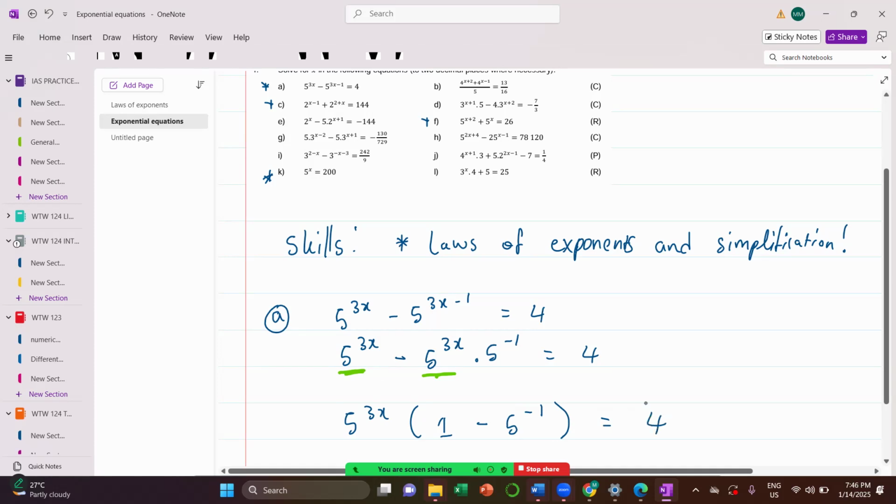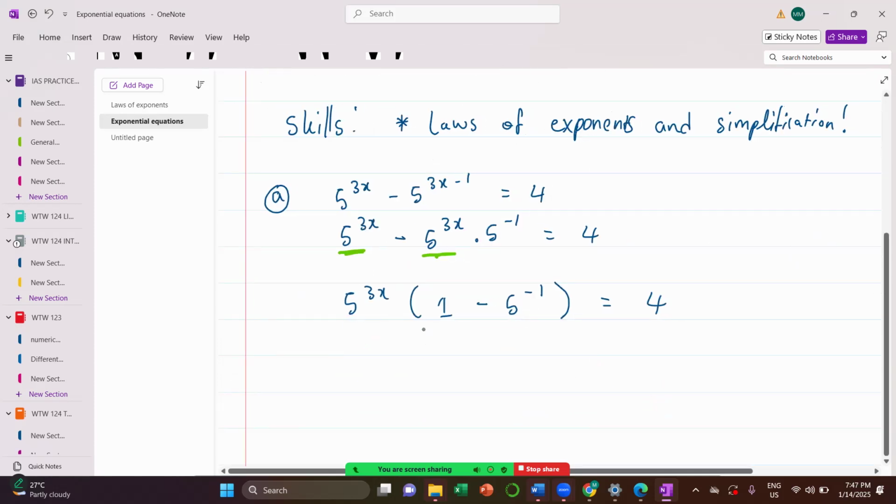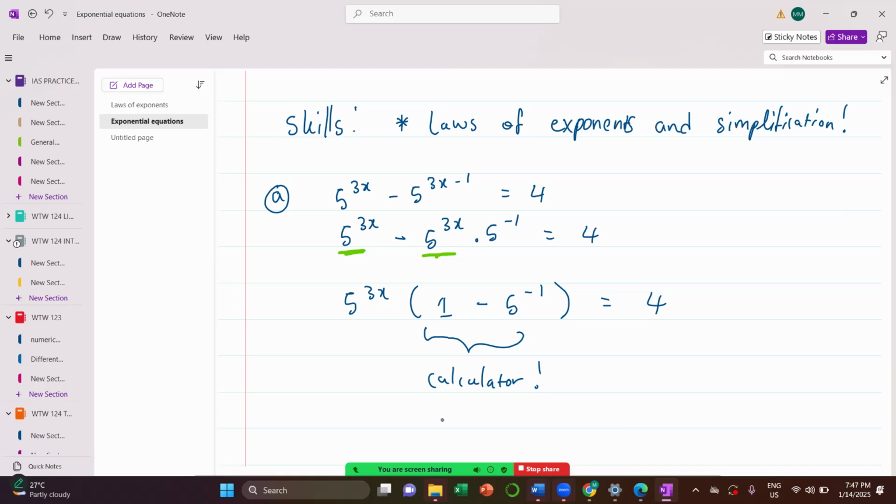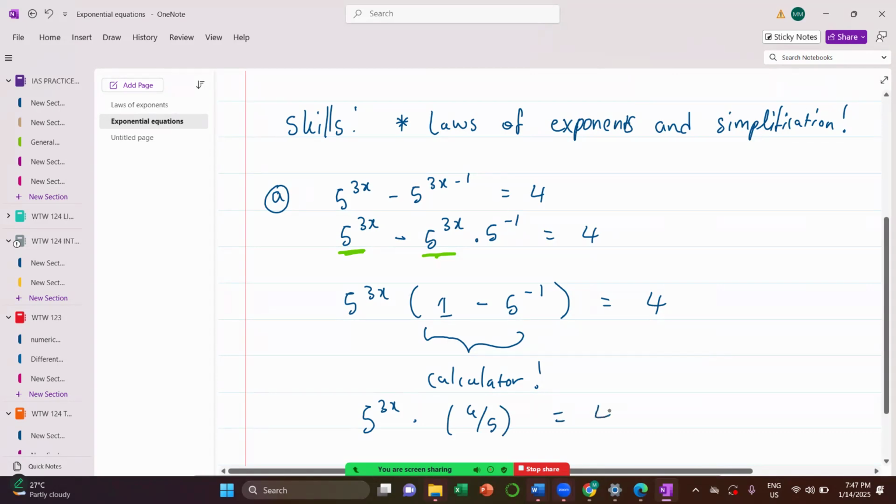And then I told you, things like this, you don't stress yourself. You just punch it into the calculator. So I'm going to have 1 minus 5 to the exponent of negative 1, which is 4 over 5. So I'm going to have 5 to the exponent of 3x times 4 over 5, all equal to 4.